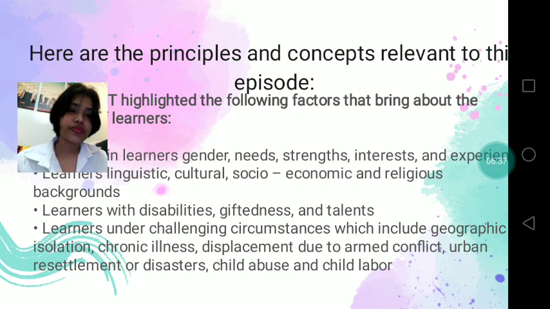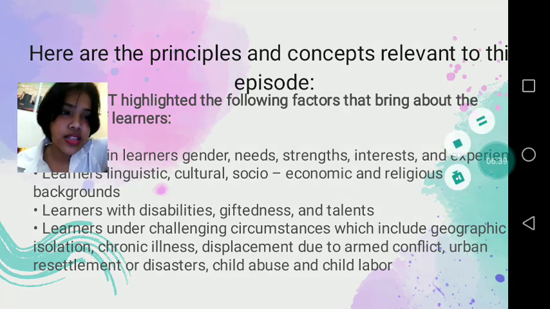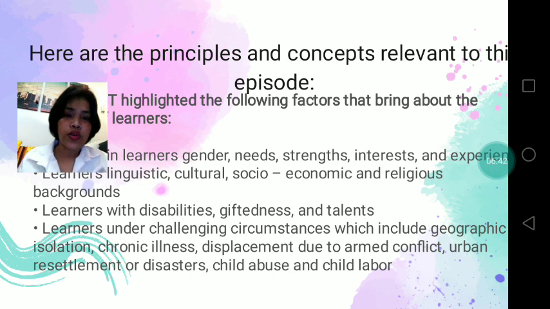So, mga learners natin under challenging circumstances, di ba? Halimbawa, kaya hindi siya nakakapasok dahil nasa chronic illness siya, may sakit pala siya. So, you have to understand and be more considerate sa kanilang situation. Kasi, dahil nga may sakit sila, hindi sila nakakapasok, may reason sila.